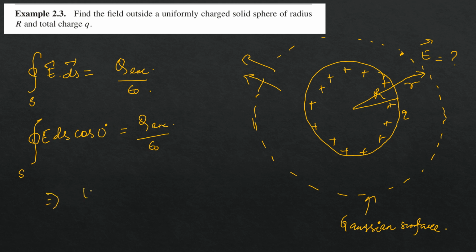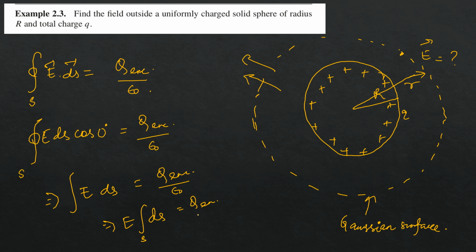Cos 0 is 1, so I can take E out of the integral, leaving ds. The total charge given is q, so in place of Q enclosed I can write small q divided by epsilon naught.